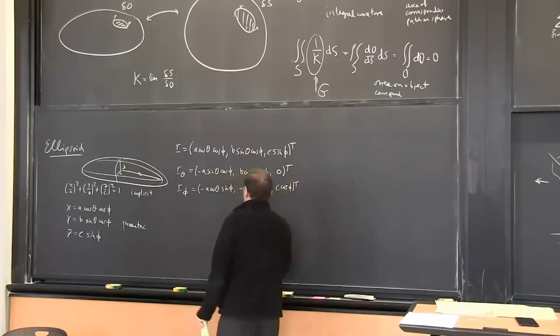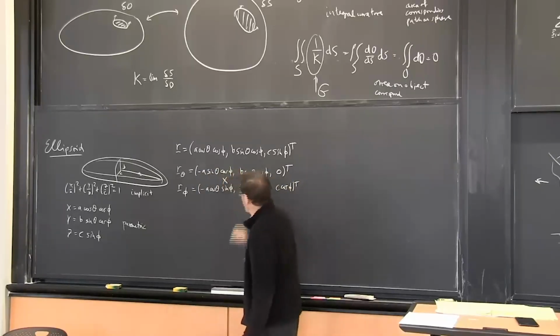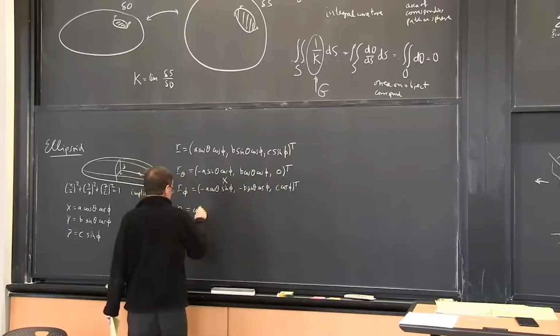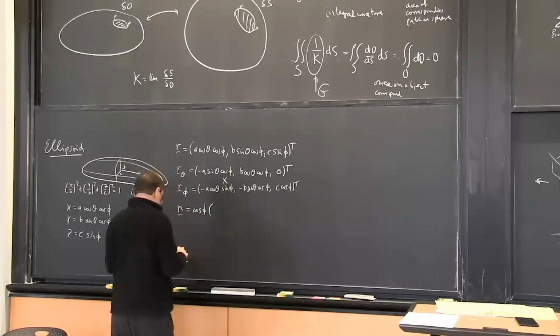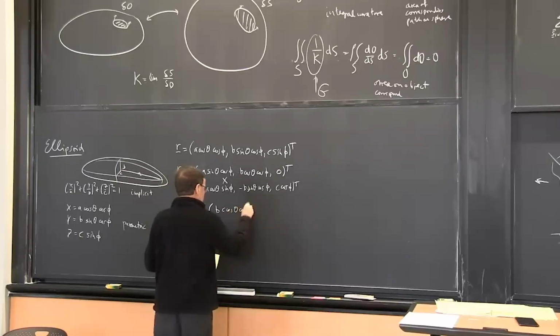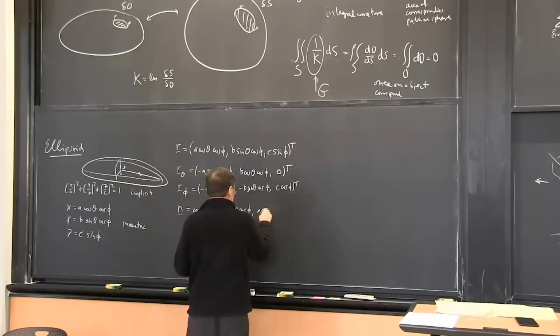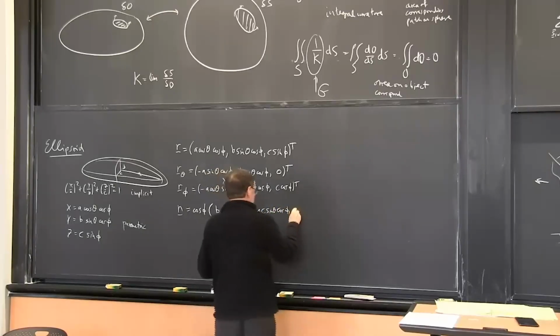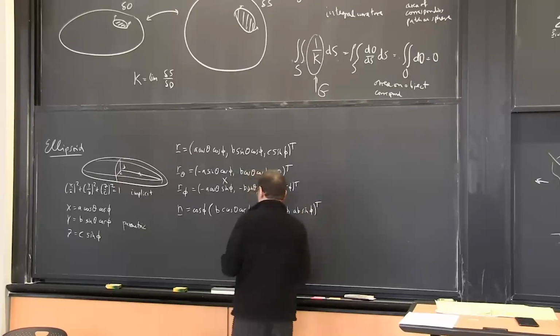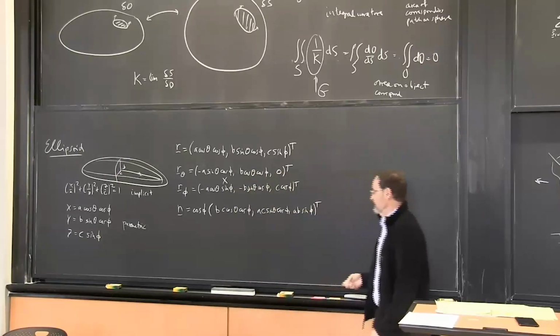And there's another. And now I can take the cross product to get a surface normal. And after some algebra, we get that expression.